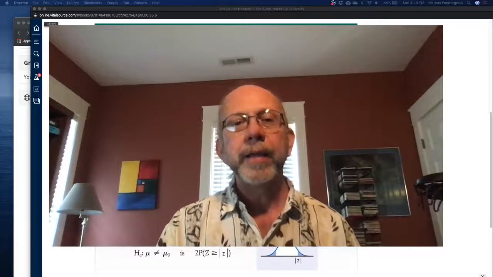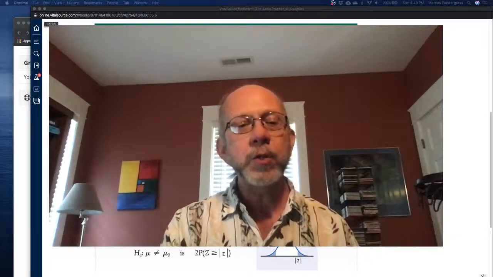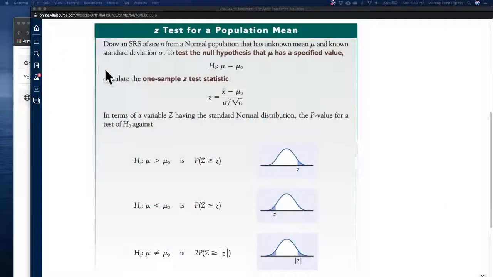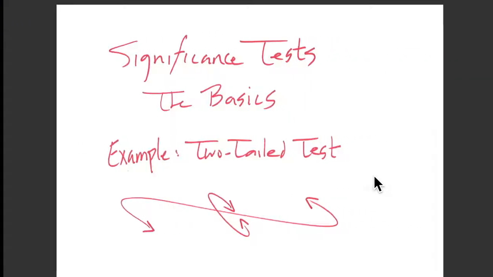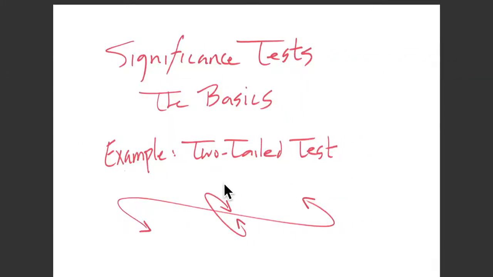In a two-sided test, we're simply asking whether the sample data give evidence that the mean is different than a given value. And the only difference is that when computing the p-value, you have to take into account both tails of a normal distribution. So let's take a look and see how that works out.